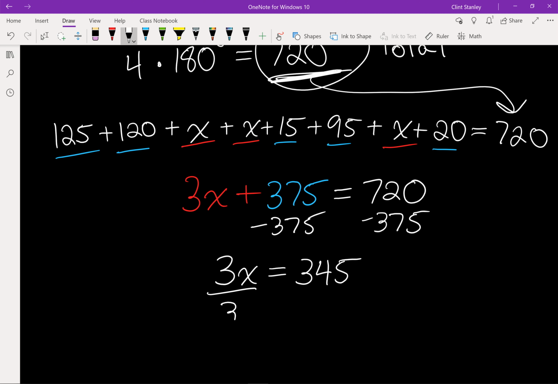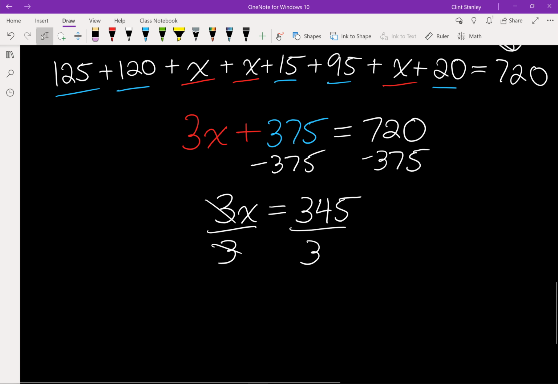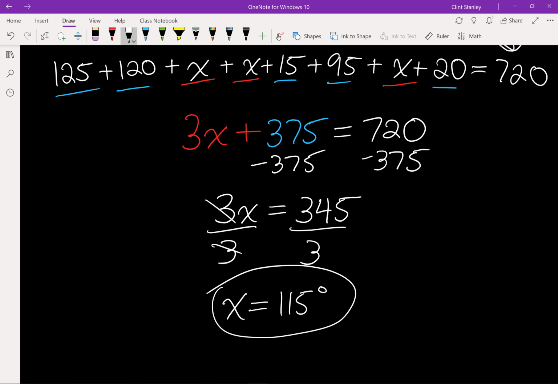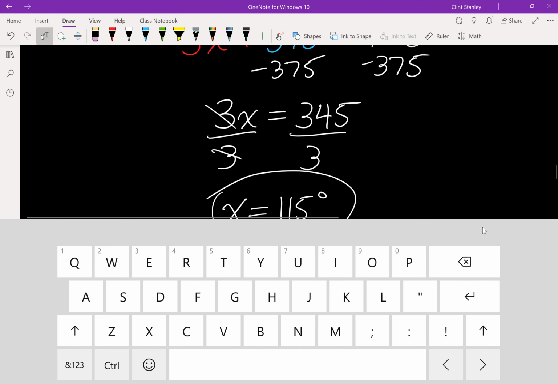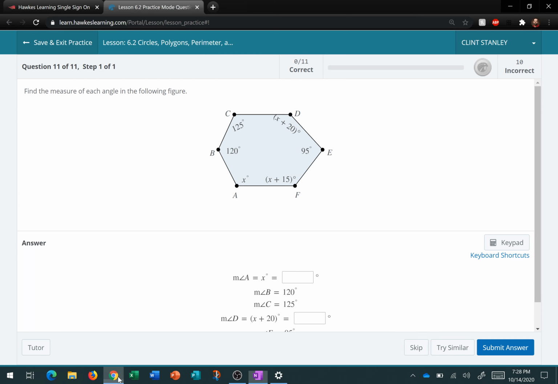Divide both sides by 3. 345 divided by 3 tells us that x equals 115 degrees. So now that's not our answer. It might be part of our answer. It's not the whole answer. We know the x degrees is 115 degrees. So when we go back, well, that is the first part. So x degrees would be 115 degrees.